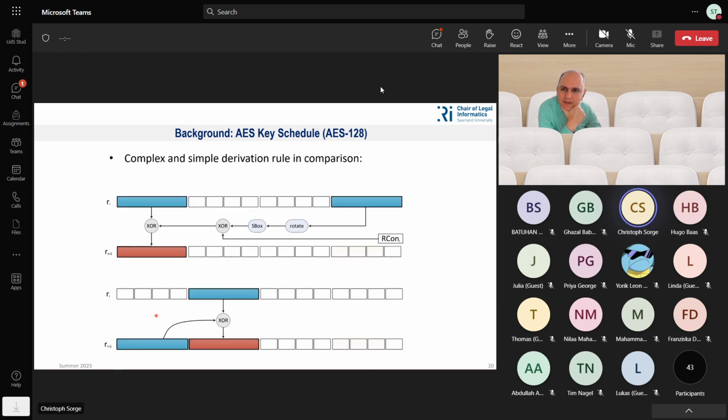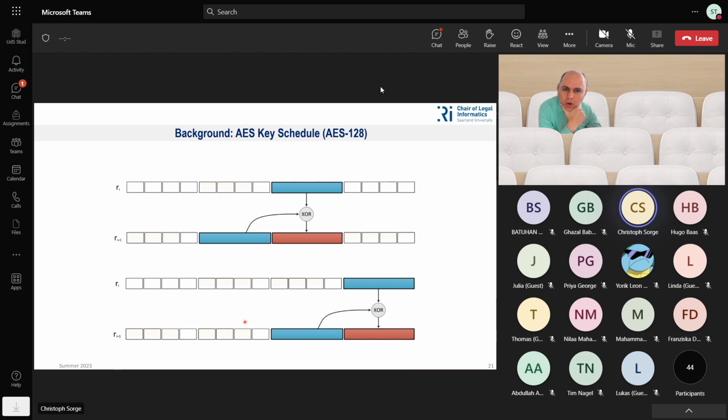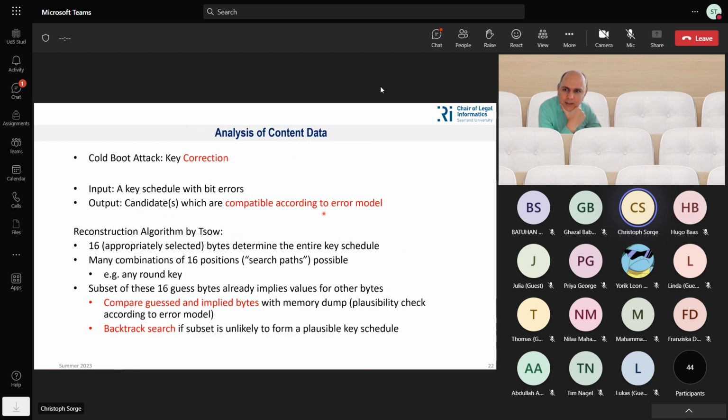And the simple derivation is just doing an XOR of one section of the previous round key with the previous section of the new round key. So that's a simple XOR operation. So overall, we do these XORs for the following bytes.